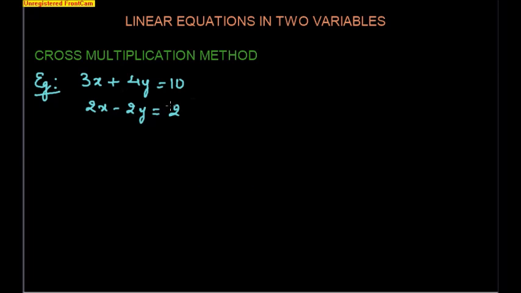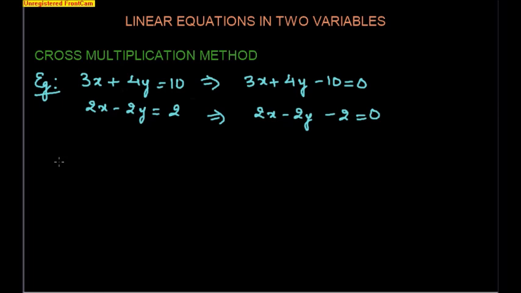We now take the first example. We write the equations in the standard form first, which becomes 3x plus 4y minus 10, and the second equation becomes 2x minus 2y minus 2 is equal to 0. Now again I write down x upon, minus y upon, and 1 upon.